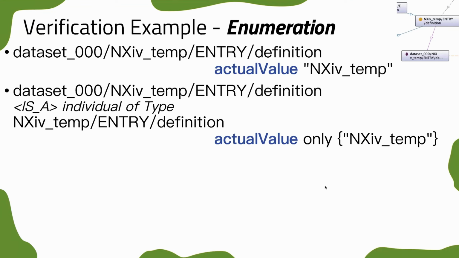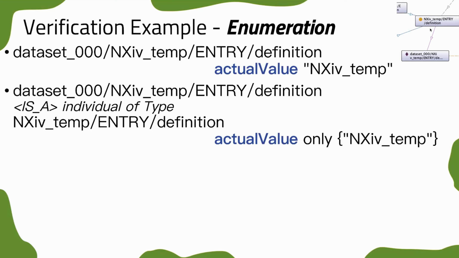How does it work when we can start using it? Let's imagine we've got an individual, which is a definition. So in this data set, IV temp entry definition, it has this actual value, this string NX IV temp. And what we see from this is that this data set, NX IV temp entry definition, is an individual of the type NX IV temp entry definition of this thing here.